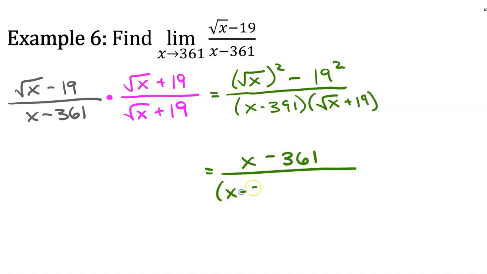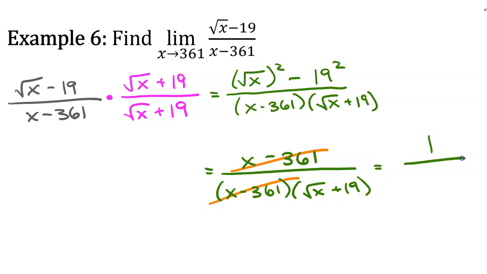And then we have x minus 361, not 91, 361, my bad. And 361, and square root of x plus 19. Those will cancel using our anything over itself rule. So we get 1 over square root of x plus 19 as our simplified form.